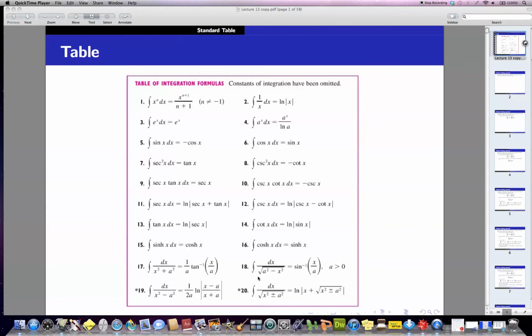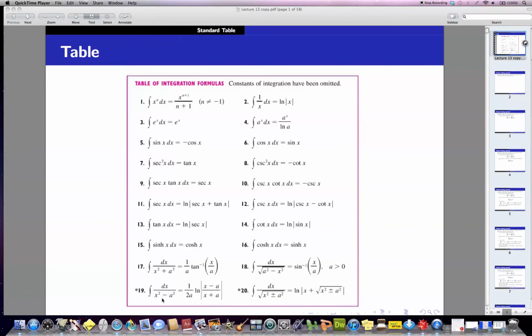The same goes for formula 18, the integral of 1 over the square root of 1 minus x squared. You should know that that is sine inverse of x. And whether you want to memorize the formula for general a or not is up to you. Again, you can derive it using trig substitution, but you should have some general idea in your head of what the answer should look like.